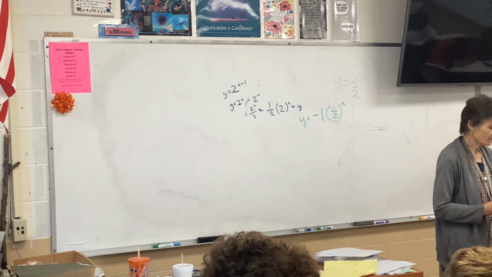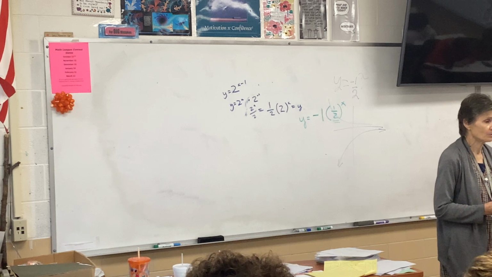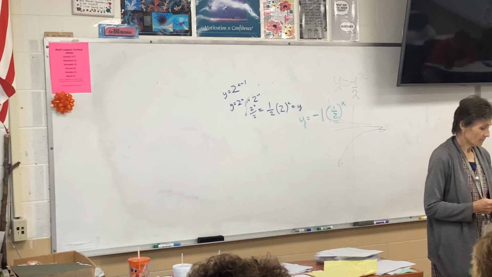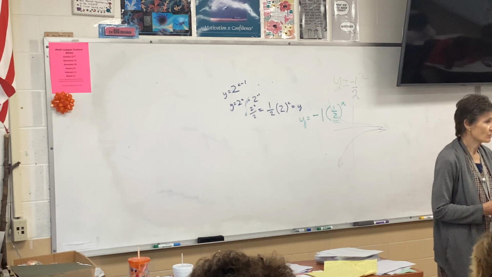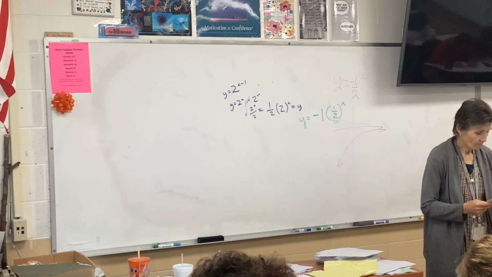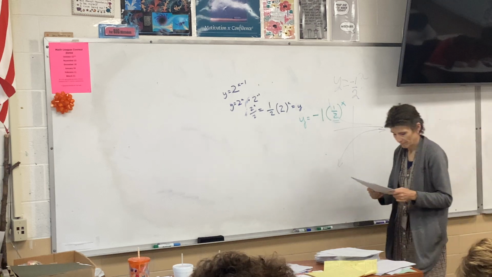Alright, so first it's going to be 2 squared times 2 cubed, which is 2 to the 5th. Can you do this on your own? Check your answers with your partner. Alright, let's go. Fill in all those tables.